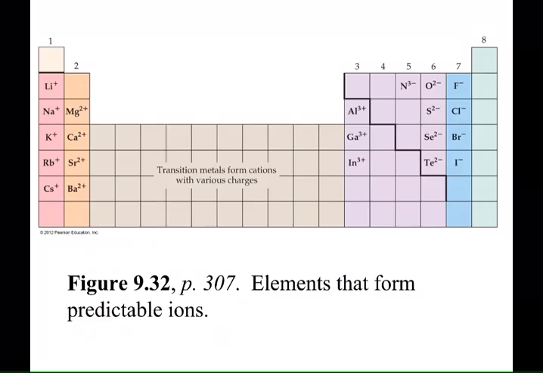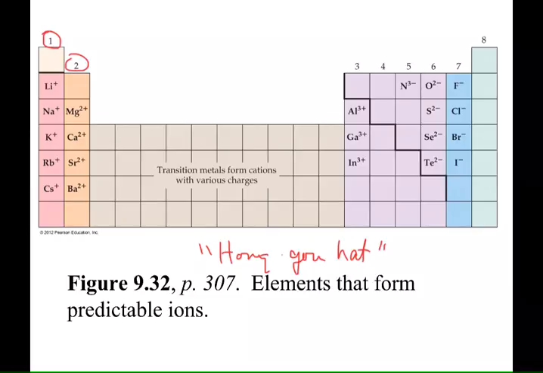These are the ones I said in the previous part where you can hang your hat on these, which simply means we know what these monoatomic ions form. The group 1A elements, the group 2A elements, they're metals. These metals lose 1 electron and lose 2 electrons respectively to form a +1 and +2 cation.